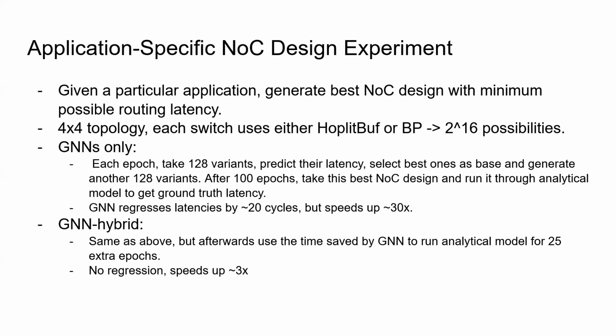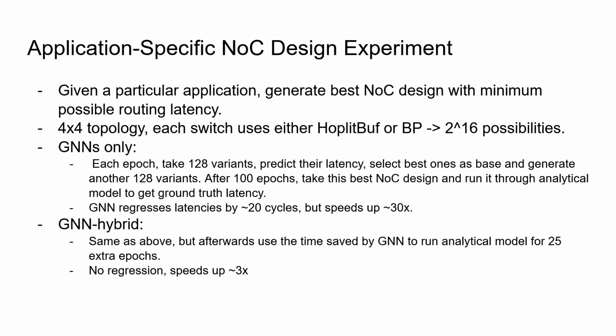After the 100 epochs, you swap over and use the analytical model to choose the best variant, then generate multiple variants again and do that for 25 extra epochs. In this case, they claim that there's no regression in cycles. The speed up for the total time is about 3 times for GPU.